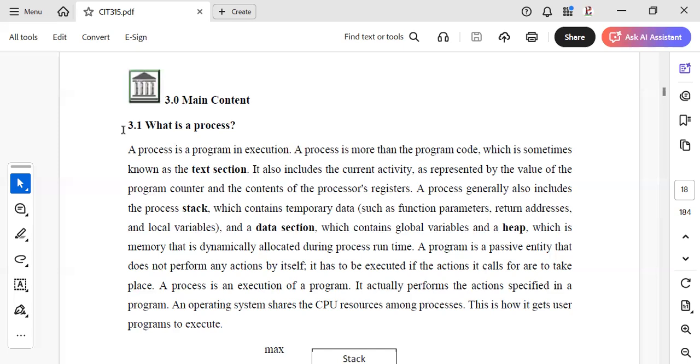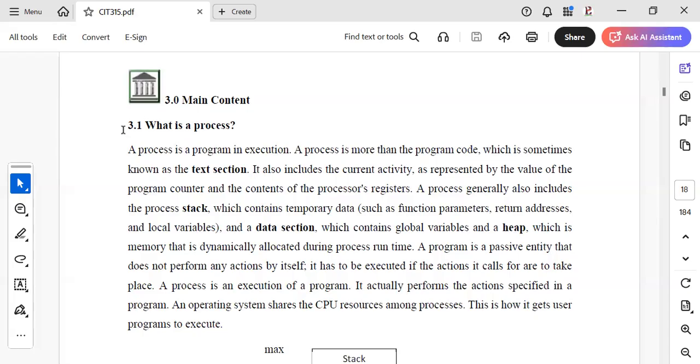So a process is a program in execution. That is, it's an active entity, unlike a program, which is passive.